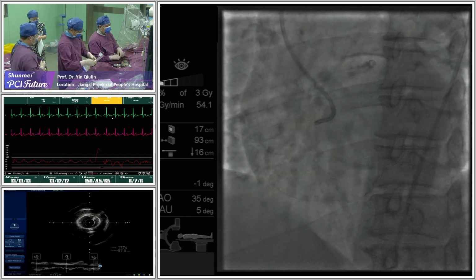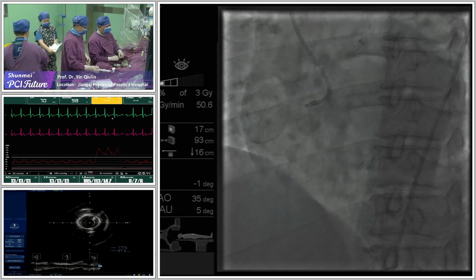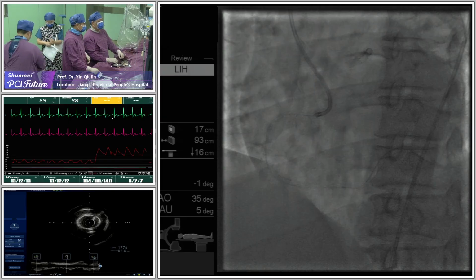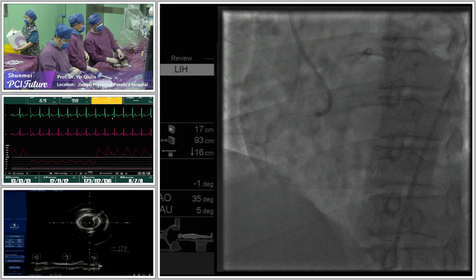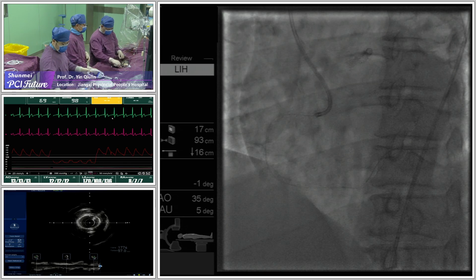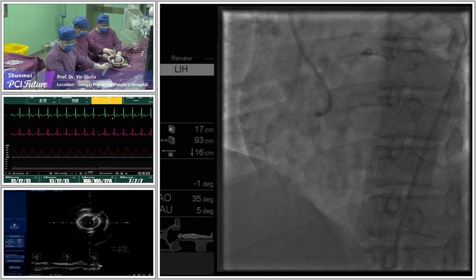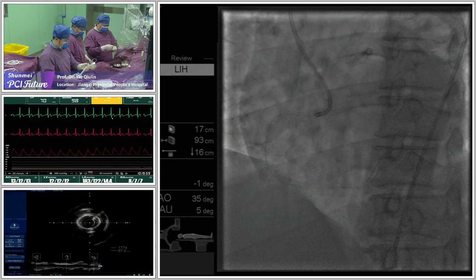尹主任还有个问题，放完支架之后，是先后扩张呢，还是先看一遍 IVUS，才决定后扩张的球囊大小、位置这样的策略？So what's the next strategy will be applied?